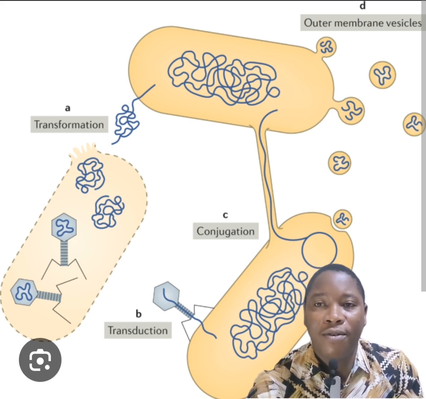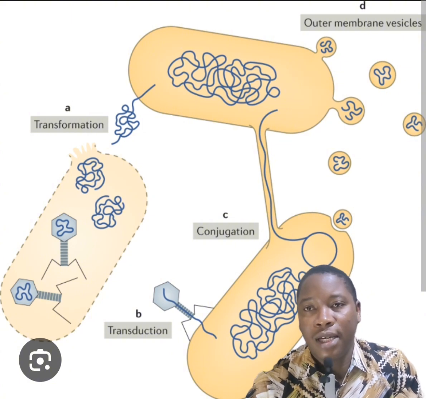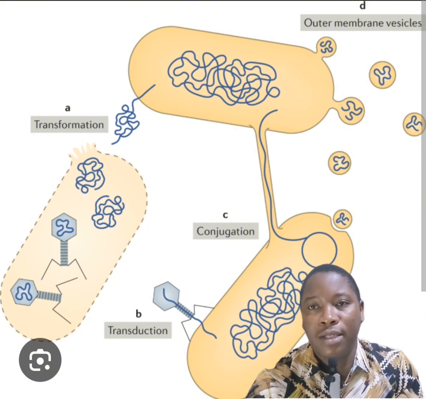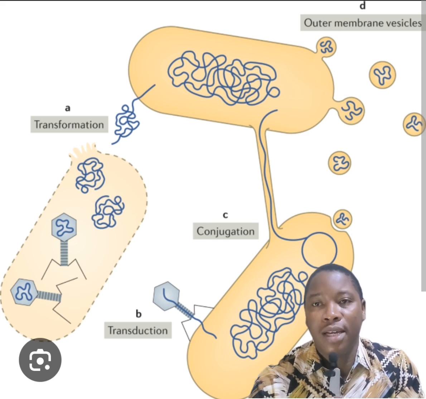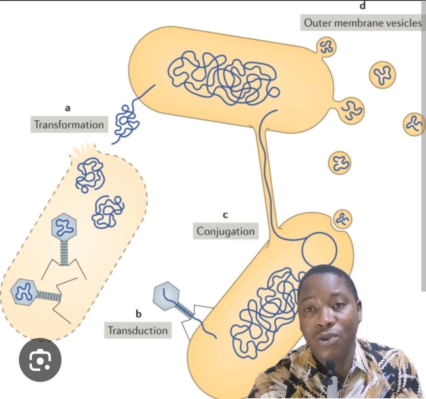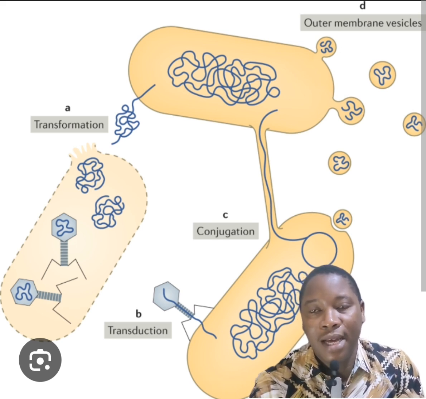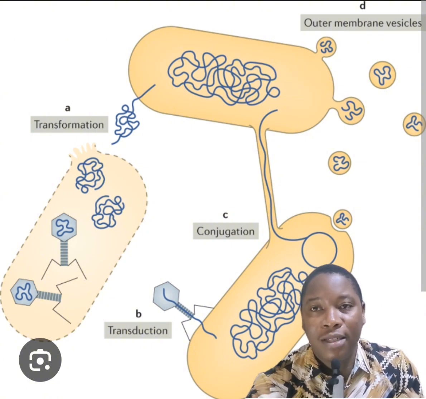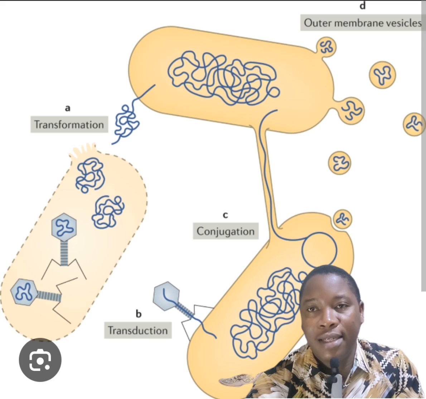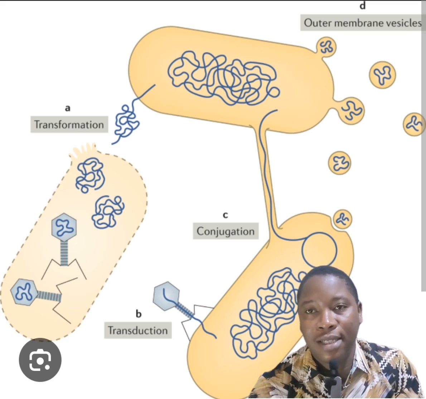Now, secondly, you have conjugation. In conjugation, I used to try to tell my students to think about it as DNA having sexual intercourse. Two organisms stay side by side, and one of them is able to give part of its genetic materials to the second one. This is mediated through what you call a sex pilus, which is like a passage.